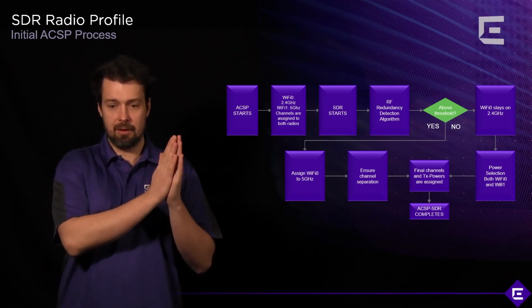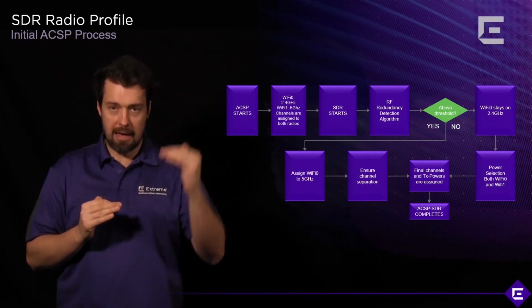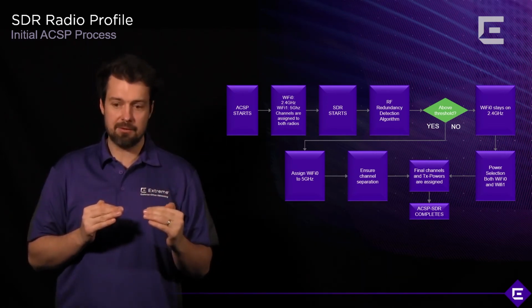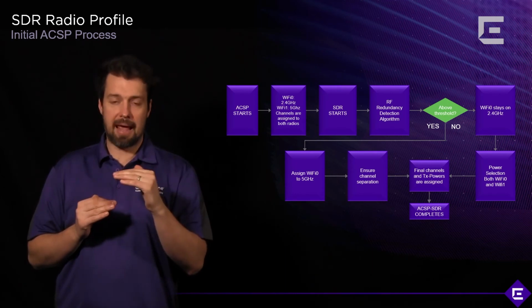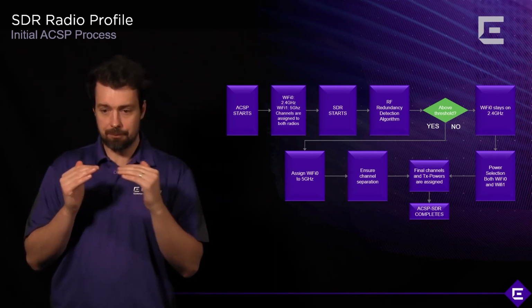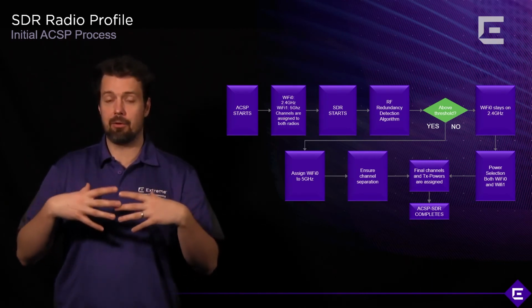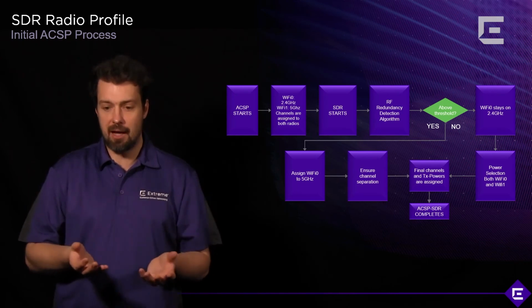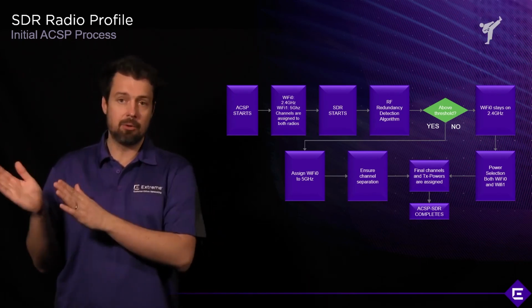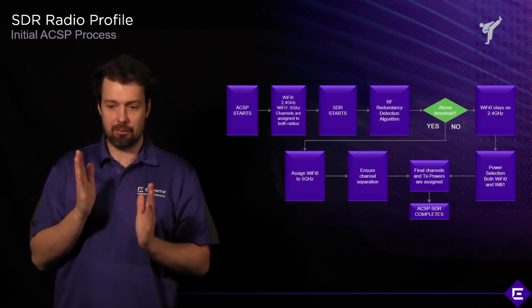So if you look at the flow diagram, you start the ACSP process, make sure you have all the information on all the channels, then start the SDR process and detect which frequency band to use. Depending on the threshold, meaning the amount of interference, the amount of CCI, you either stay on 2.4 or assign a 5 GHz profile to this radio.